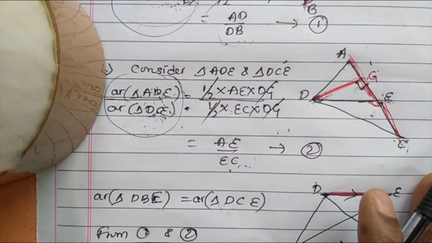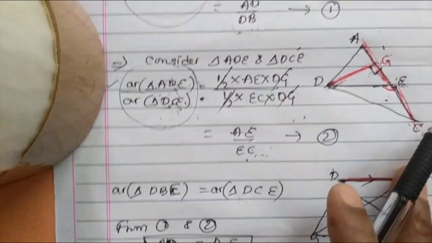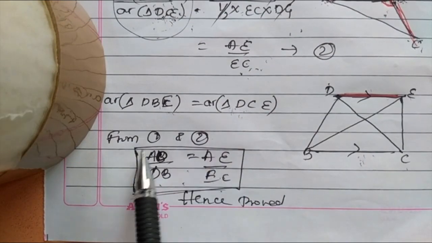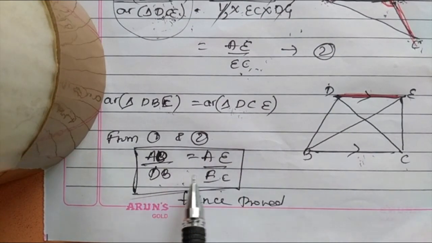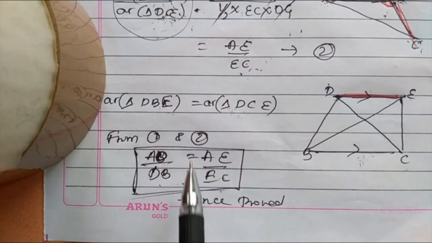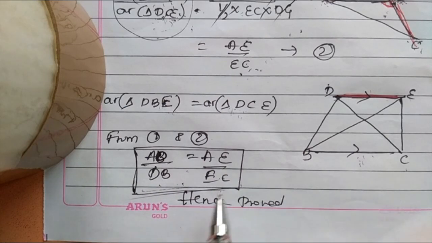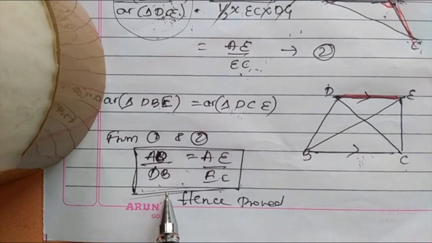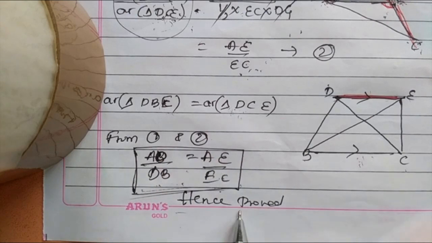AD by DB is equal to AE by EC, that we wrote here. This is already written in TPT, that is, to prove that. So in TPT, what is written, once we obtain that, our proof finishes. So from 1 and 2, AD by DB is equal to AE by EC, hence proved.